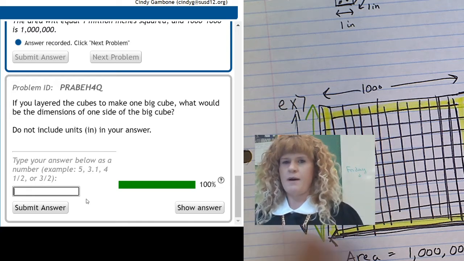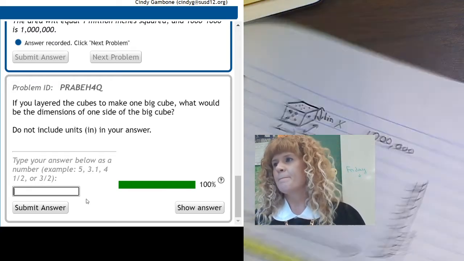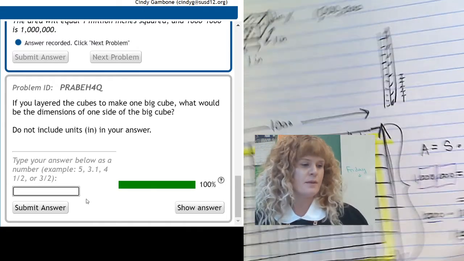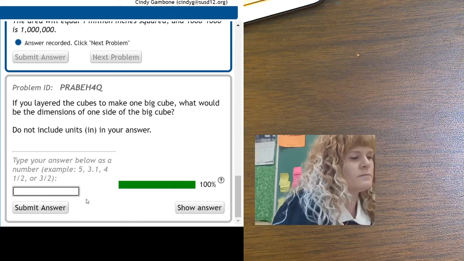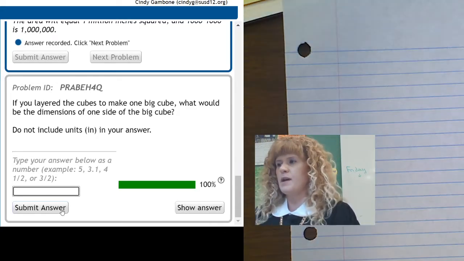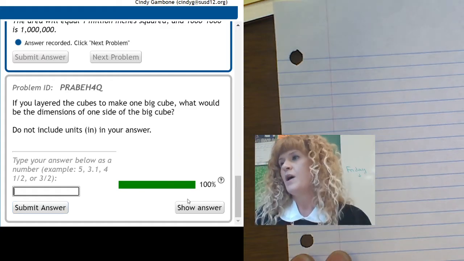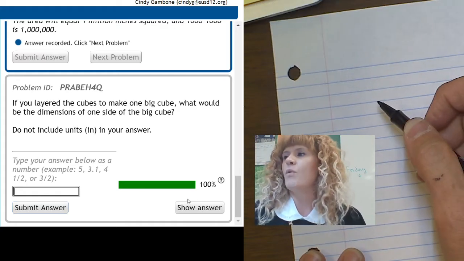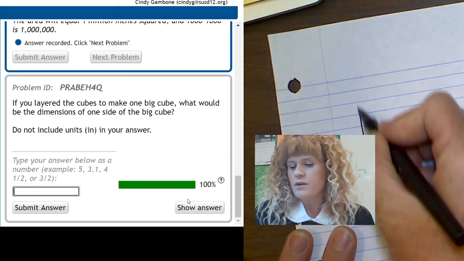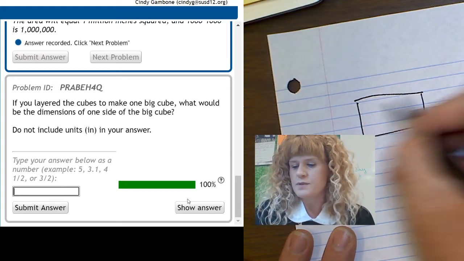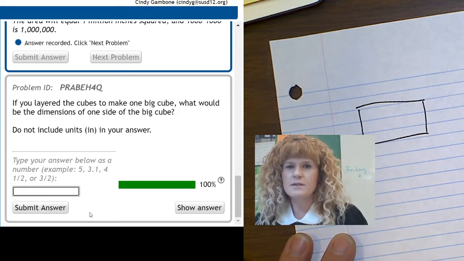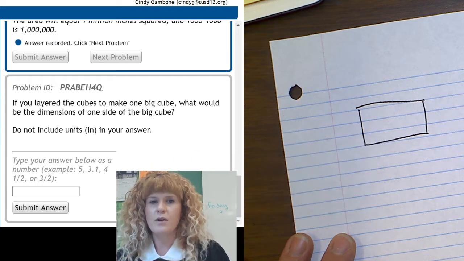Now it asks you about volume. However, it doesn't use the word volume. Let me explain. Look at the problem. It says, if you layered the cubes to make one big cube, what would be the dimensions of one side of the cube? So now we're going to take all these little cubes and stack them until they fit in one large cube.